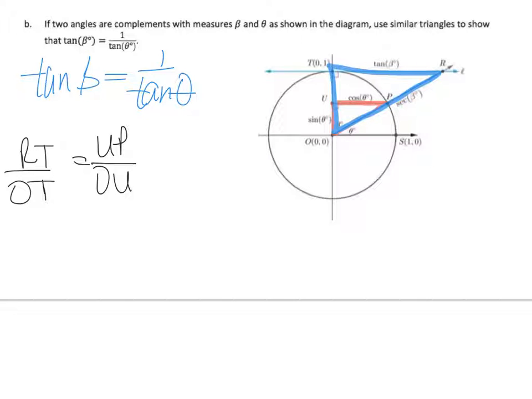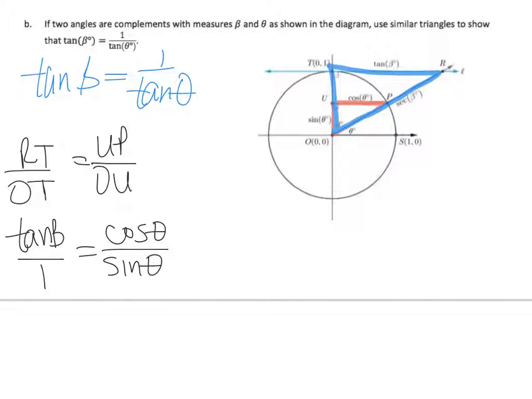RT we know is tangent beta, OT is 1, UP we know is cosine theta, and OU is sine theta. We know that tangent theta is sine over cosine. Let me write that down. We know tangent theta equals sine theta over cosine theta.